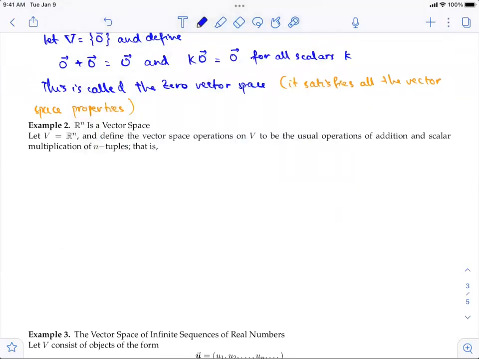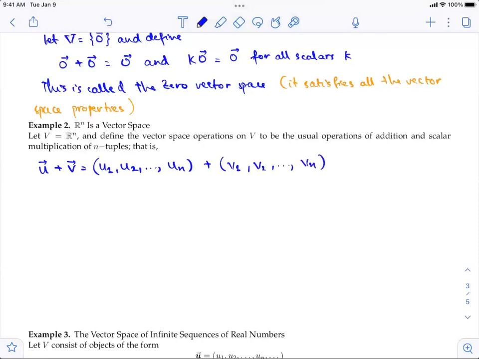The next set that we're going to look at is the n-dimensional vector space. Let capital V be Rn, and define the vector space operations on V to be the usual operations of addition and scalar multiplication of n-tuples. So you have two vectors u and v, and you do vector addition: u is (u1, u2, up to un) plus v, also an n-dimensional vector (v1, v2, up to vn).